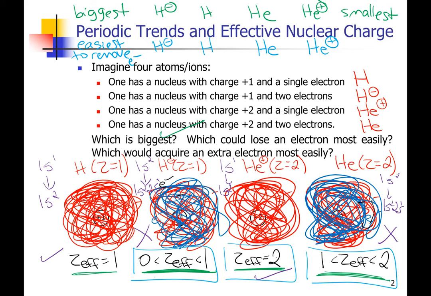It's better to add an electron where it's going to be strongly attracted to the nucleus. And the helium cation has more protons than the hydrogen atom does. That new electron will be more strongly attracted to the nucleus, and therefore the easiest species here to add an electron to is the helium cation.